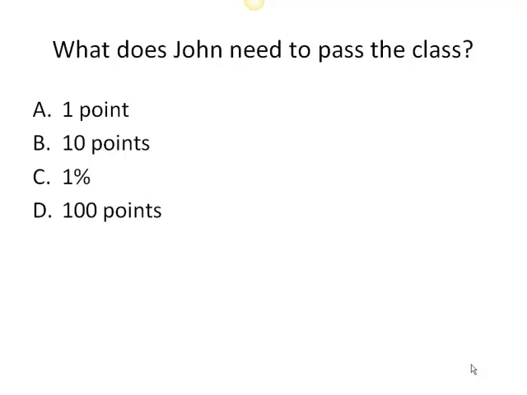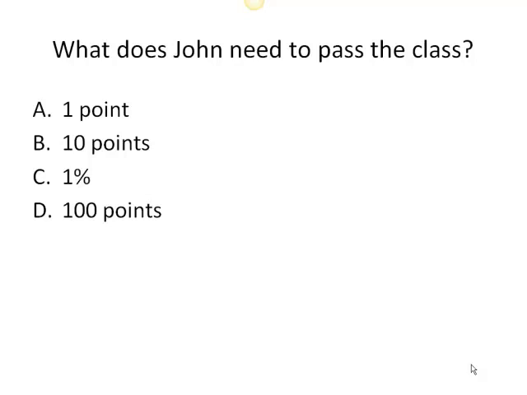If he asks for 10 points, then he's asking for 10 points out of the total number of points that we have accumulated in this class, that is 1,000 points. So it's 10 points out of 1,000, and that is equivalent to 1%, which is exactly what John needs in order to pass this class.